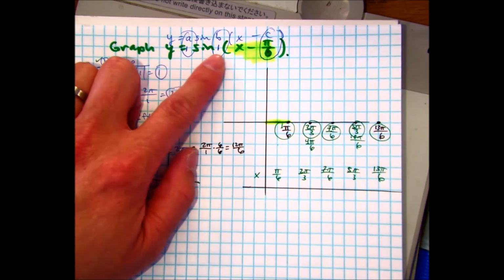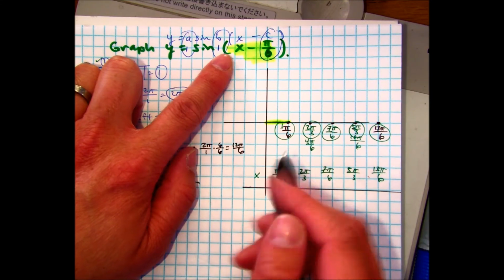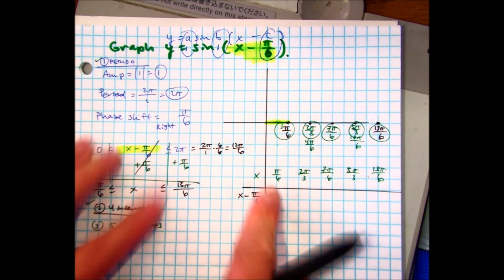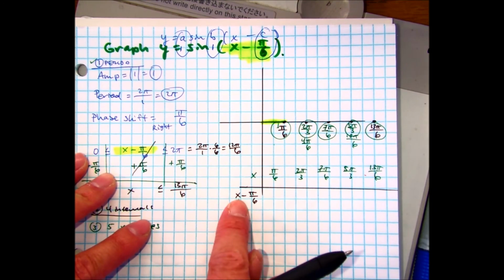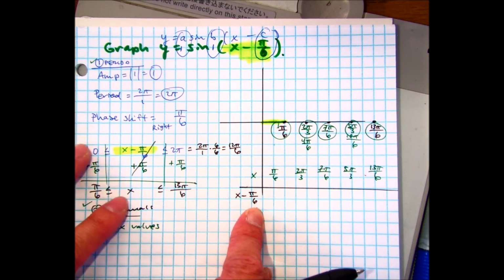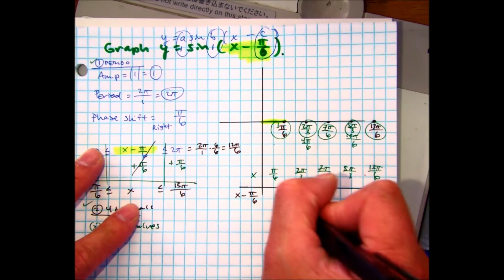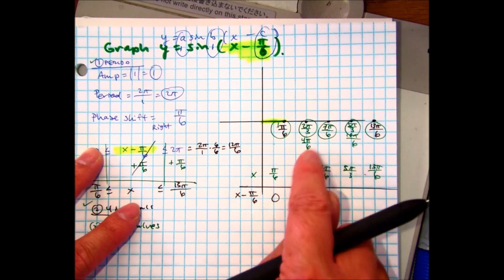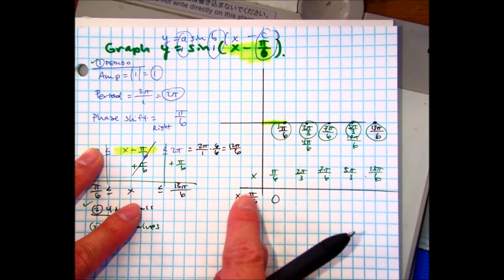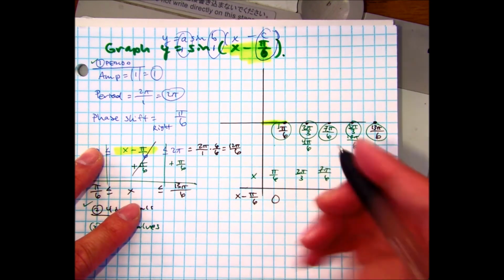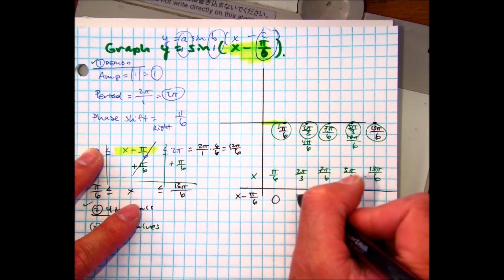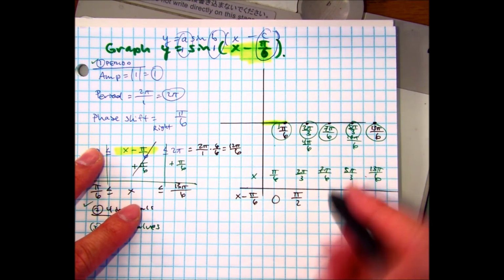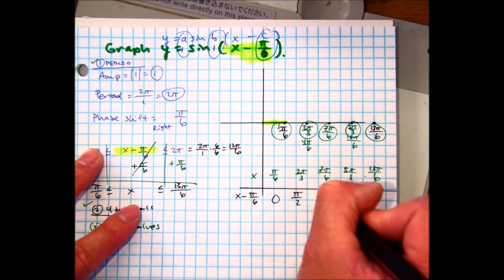So if I do x minus pi over 6, and I take my x value, which is pi over 6, pi over 6 minus pi over 6 gives us 0. 2 pi over 3, which is 4 pi over 6. 4 minus 1 is 3 pi over 6, and 3 pi over 6 is pi over 2. And if you keep doing that, you're basically going to get the quadrantals.